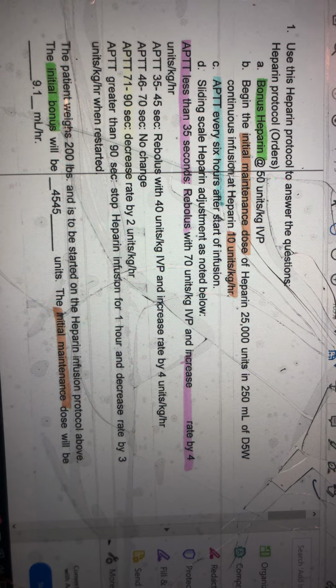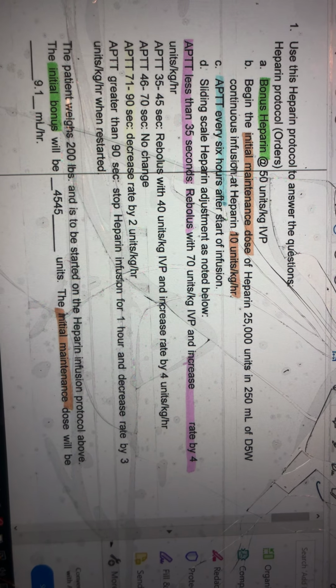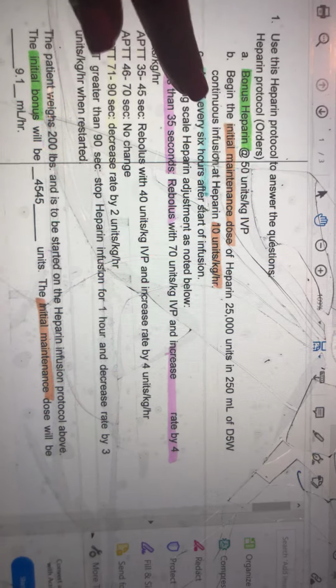Then it says begin initial maintenance dose. That's our continuous infusion, our hourly rate. And it tells us the concentration is heparin 25,000 units in 250 mils of D5W. A continuous infusion of heparin 10 units per kg per hour. So this is our bolus, and this is our maintenance rate, which is 10 units per kg per hour.